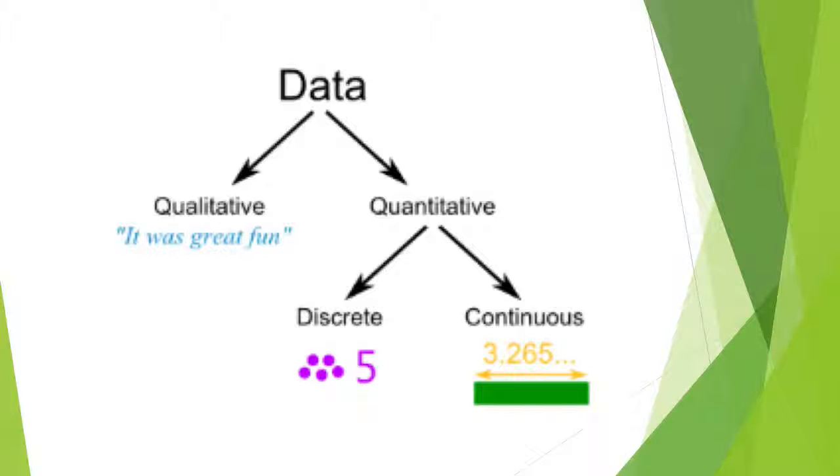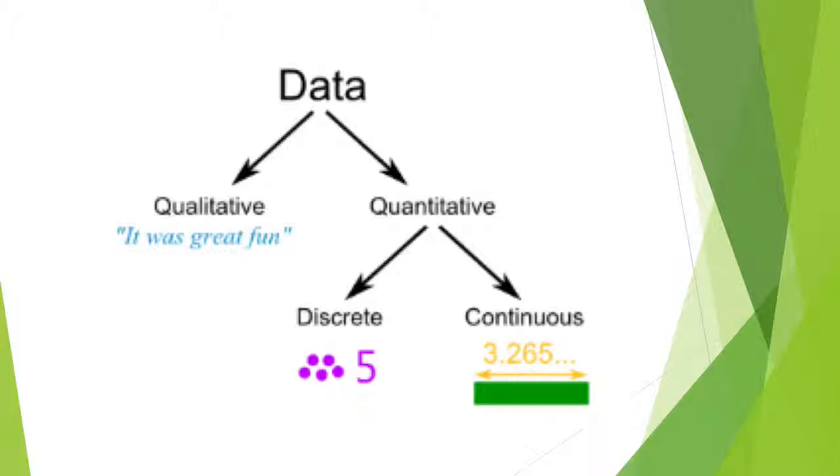So data, as I mentioned, we have two different forms of data, qualitative and quantitative. Qualitative data is things like descriptions, or things which cannot be categorised discretely or continuously in numbers.